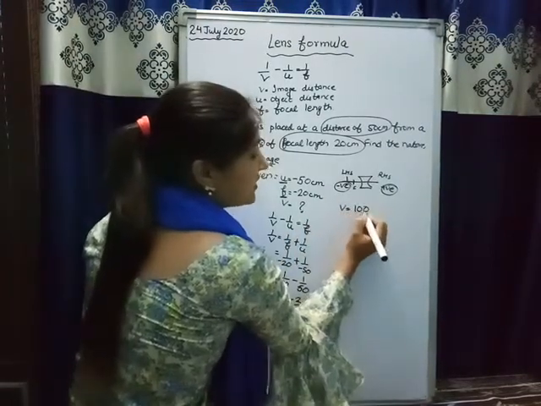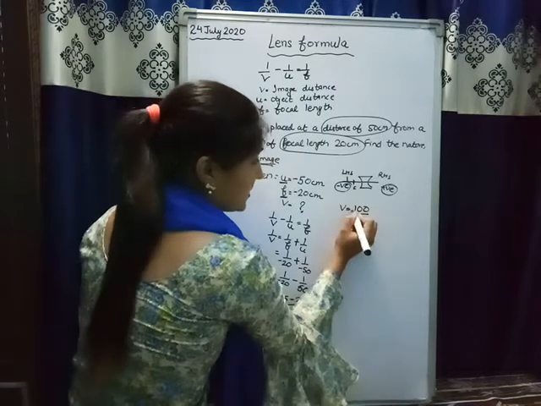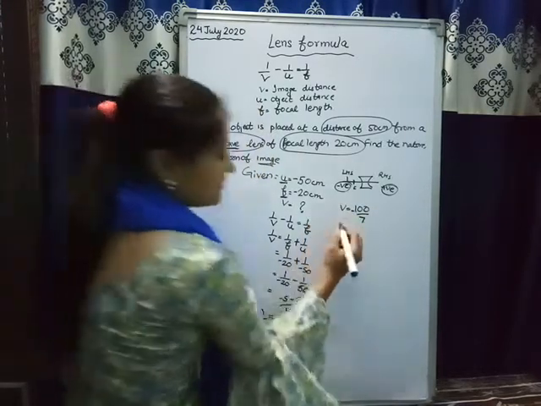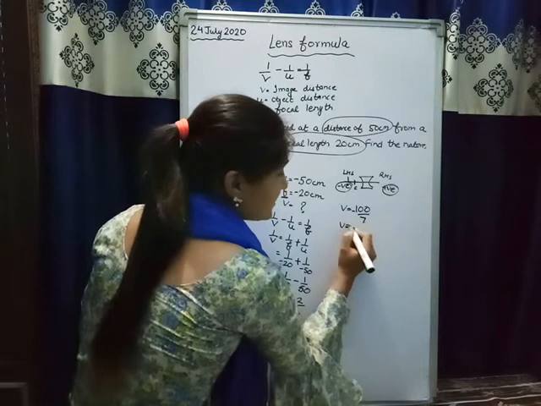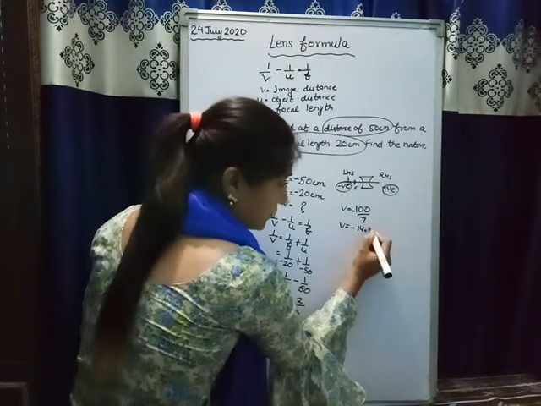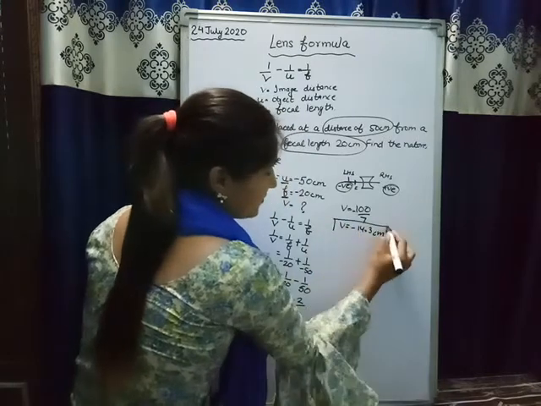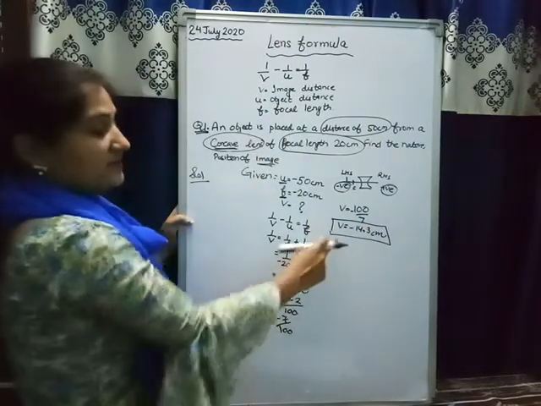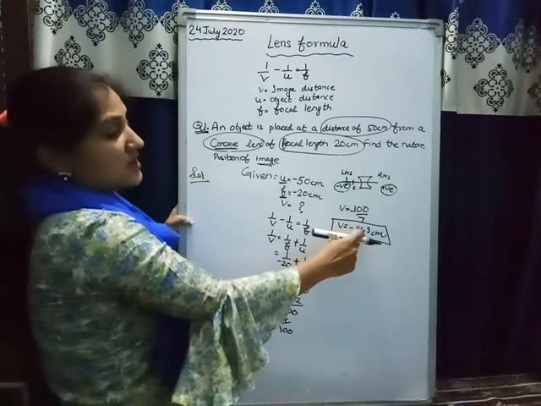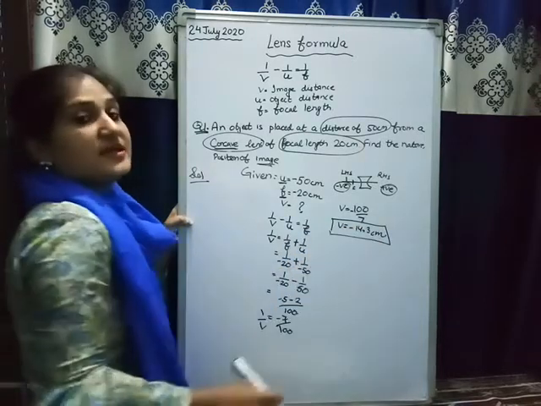V is equal to minus 100 upon 7. Now divide 100 upon 7. It becomes minus 14.3 centimeter. So we have found the value of V, that is minus 14.3 centimeter.